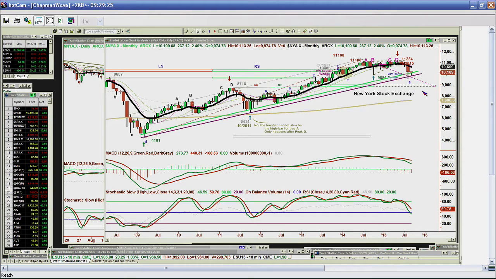I would say that I want not the trend line, but a close below the low of last month of 95.09. A close in the New York Stock Exchange below 9,500 anytime in the next month or two is going to be very, very important. Why? Because it will say that the MACD and stochastic are going to go much, much lower, dragging the price. I'll be back. Basil Chapman sitting in for Larry Pesavento.